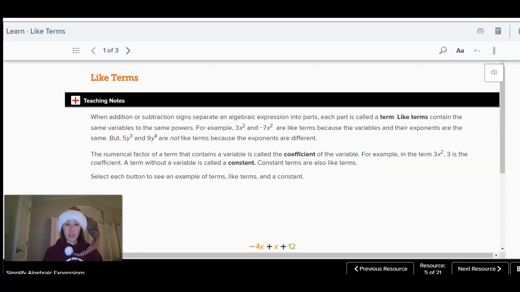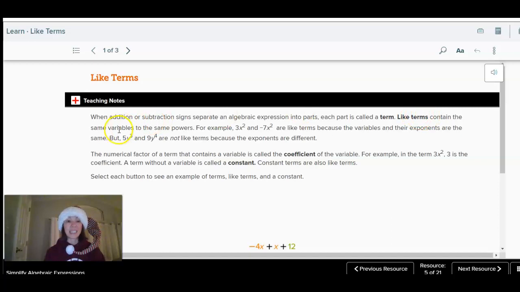So first of all, when an addition or subtraction sign separates an algebraic expression into parts, so only with addition and subtraction, then each part is called a term. And like terms, you'll see this phrase a lot in algebra, pre-algebra, algebra 2.